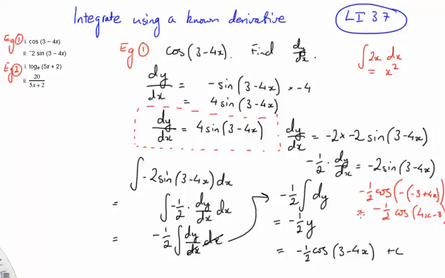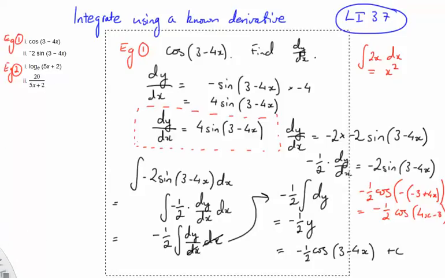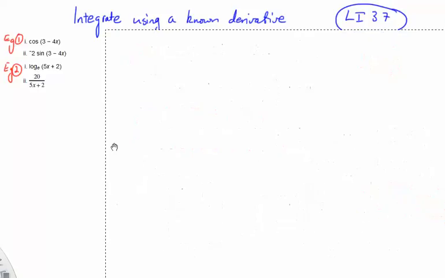So both are fine. So what they're saying is, I'm going to give you this key bit of information and you need to integrate that. I'm going to spell it out a bit more clearly with the next example.